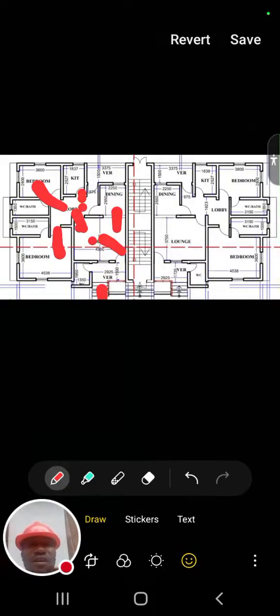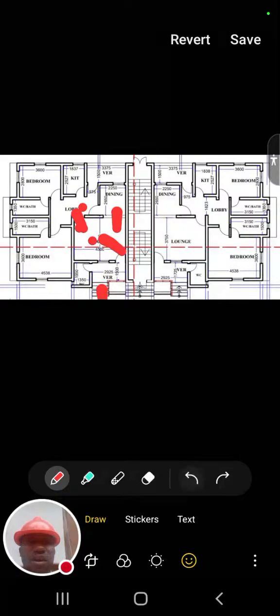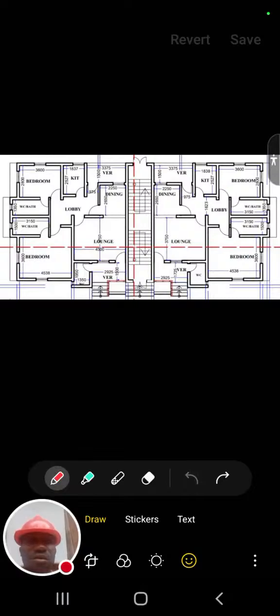You should note, however, that this is the ground floor plan. Do you understand me? So I want you to pay attention very well. You have to understand the flow pattern. How does the flow pattern go?